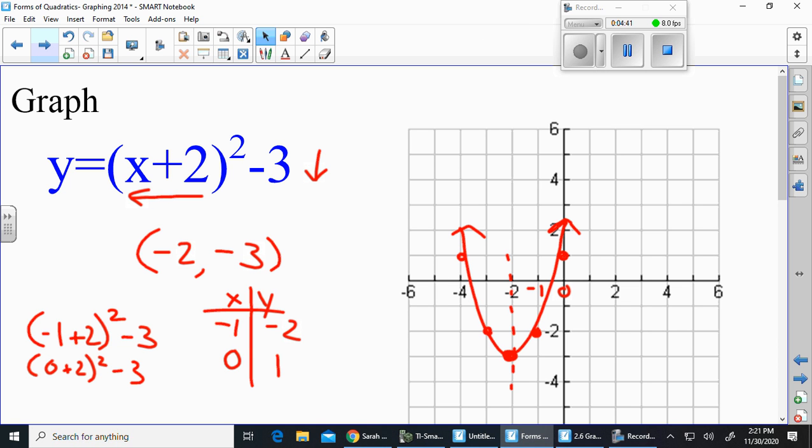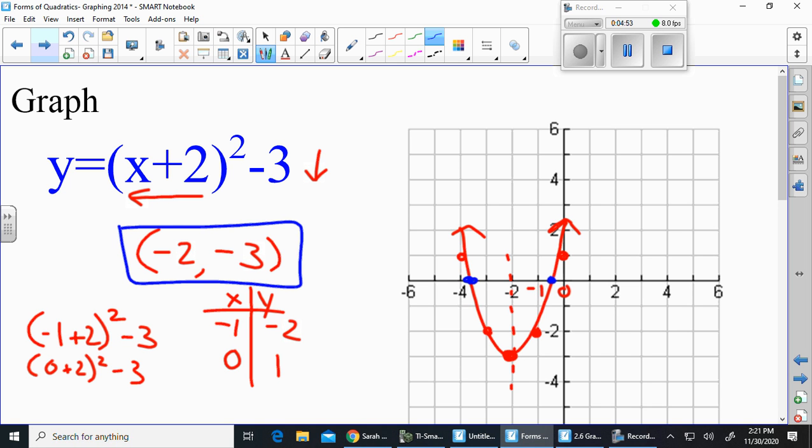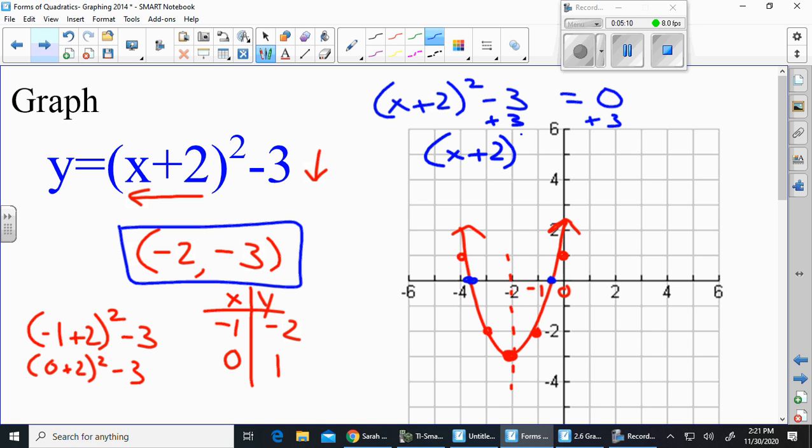Now, if it asks you for the zeros, which would be these points, instead of making a table, you could find the vertex, which gives you that first point, and then set x plus 2 squared minus 3 equal to 0. And that's using square roots. So you would add 3, get x plus 2 squared equals 3, which gives practice to people that can't do square roots.